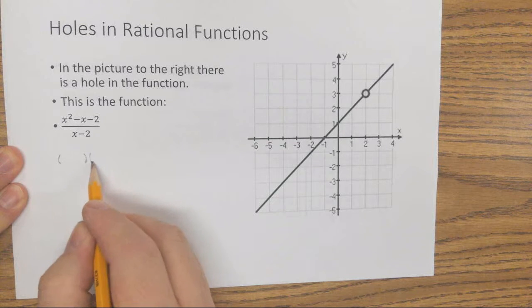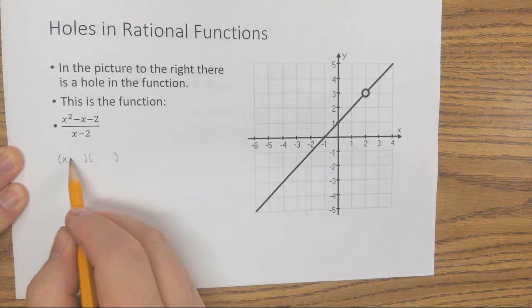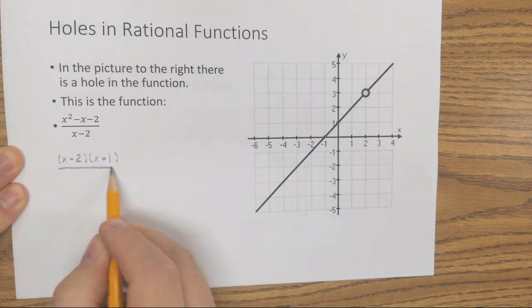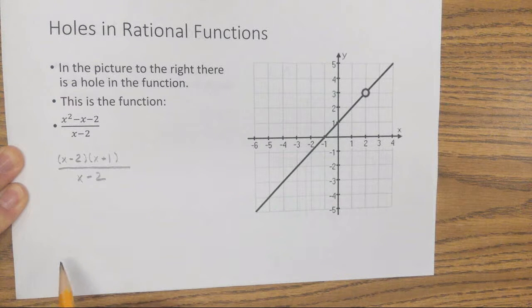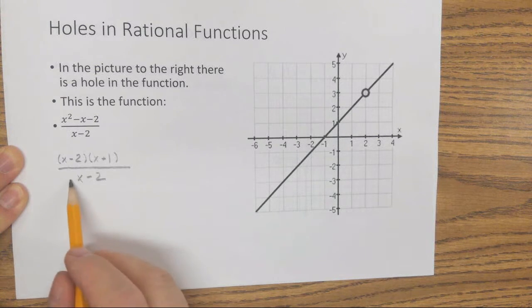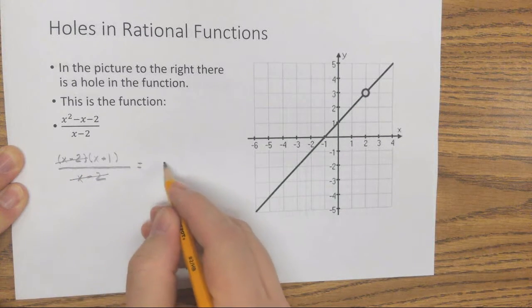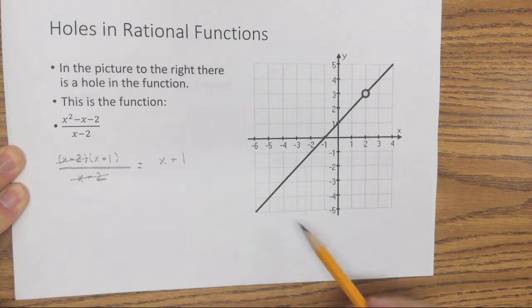So let's factor the top as we've done a million times. This is x minus 2, x plus 1, and then x minus 2. You guys know from the work that you've done in this unit that this x minus 2 goes away, and so our function is just this here, this x plus 1, which is where this line comes from.